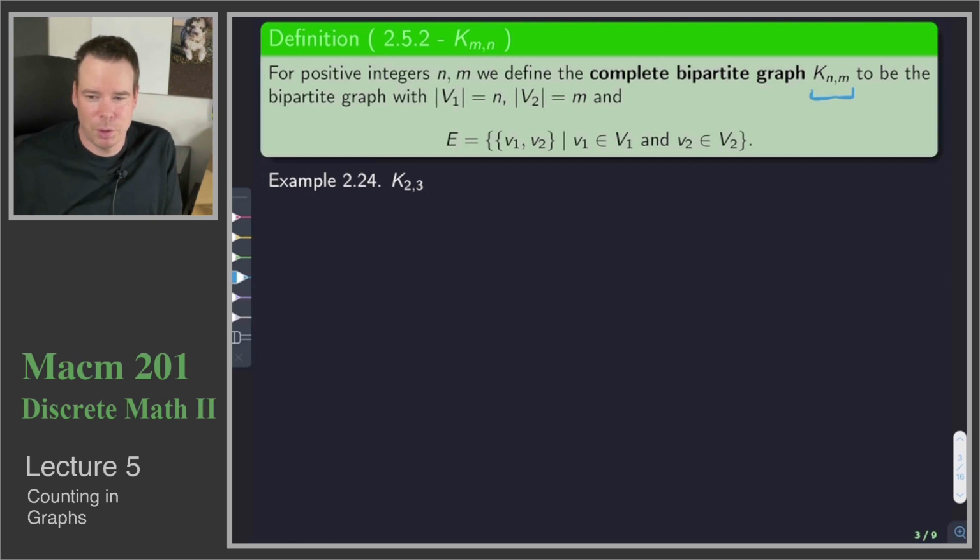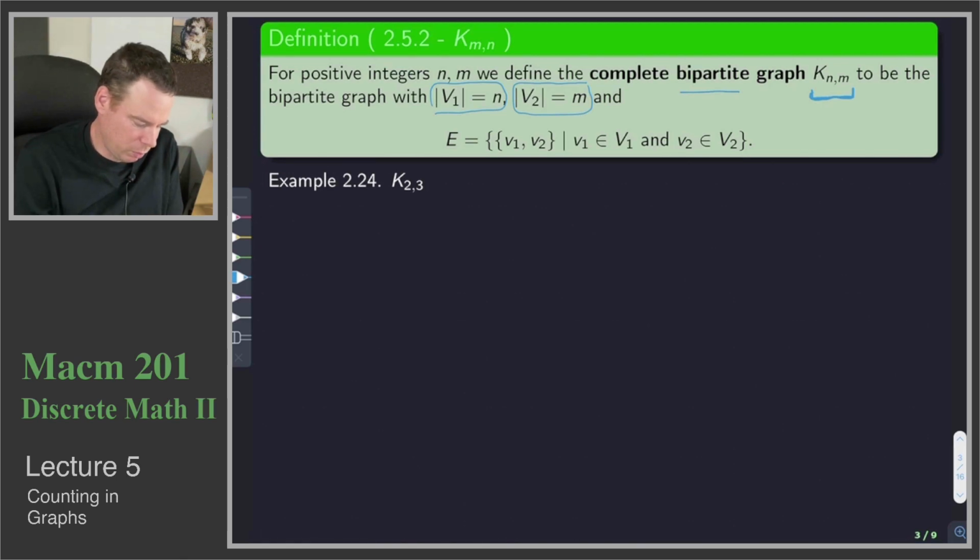Here we're going to borrow that notation, capital K again, but we're going to use two subscripts, N comma M. And what this is, it's the complete bipartite graph. So we've got one collection of vertices of size N, another collection of vertices of size M. Those are the two halves of the bipartition. And the edges just go from one of those vertex sets to the other vertex set.